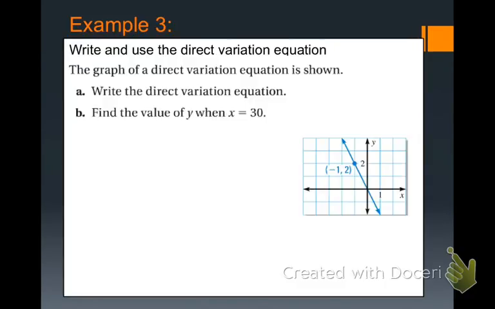We can also write a direct variation equation using a graph. Notice it's going through the origin, so we know it's not going to have a plus b. We know it has to be of the form y equals ax. We just have to find a. Because we have this point at -1, 2, we can find the slope by counting. Remember, the origin that it's going through is another point.